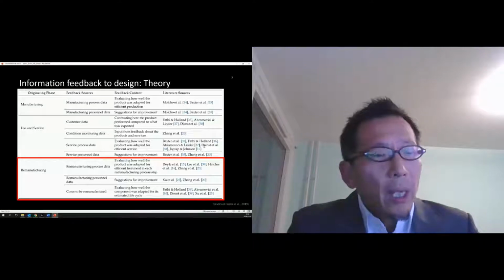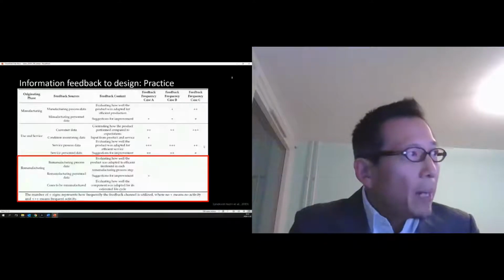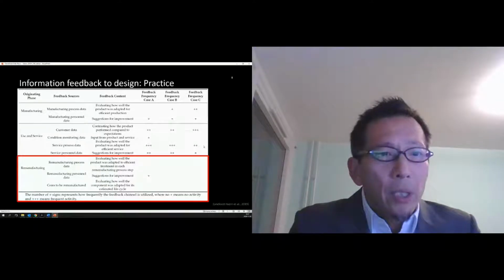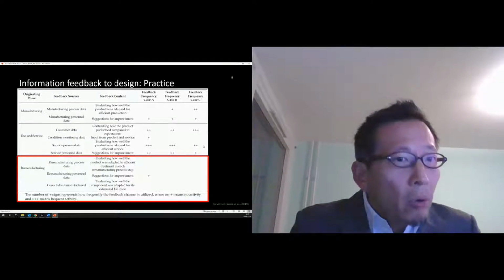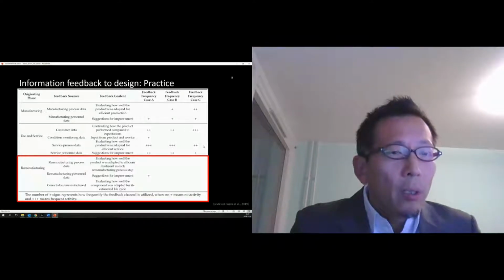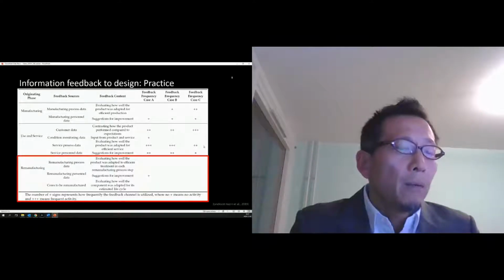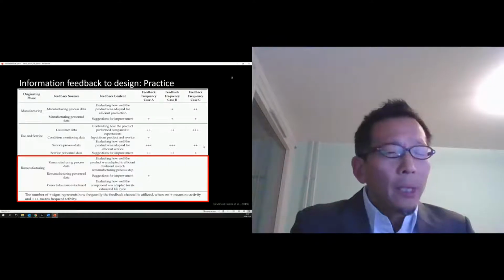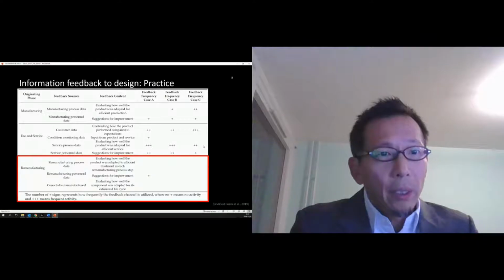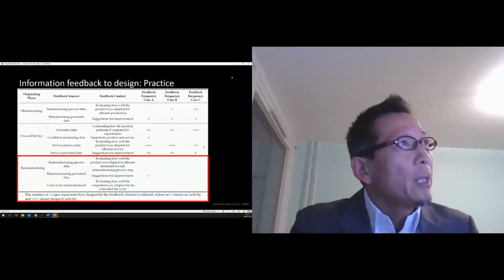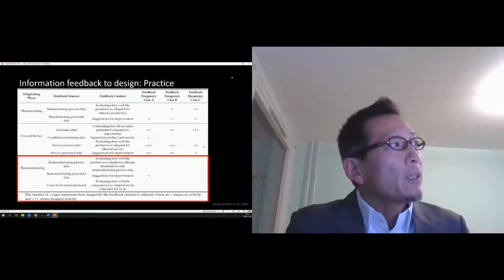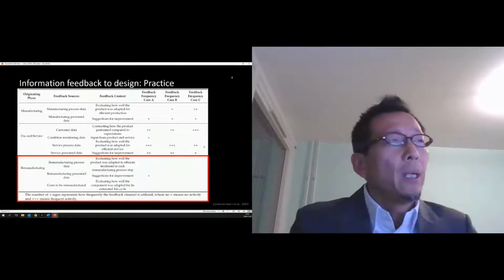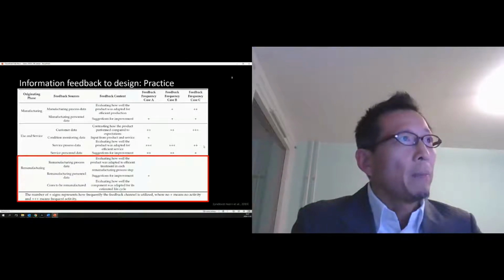As you can see at the bottom concerning Reman, on the right-hand side, you see no information feedback or very little from the 3 companies that we studied. So basically, this shows a very strong contrast with the feedback from manufacturing and use and services, as you can see at the upper parts of this table.